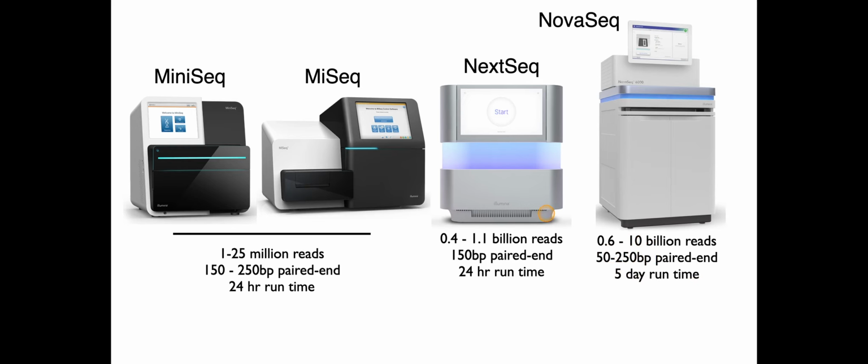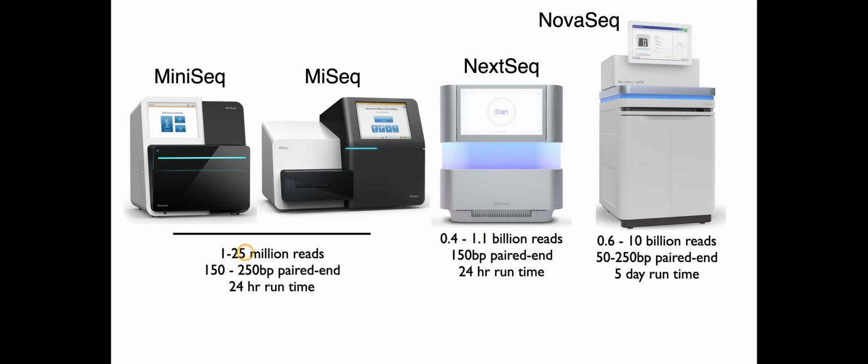The NextSeq, when it came out, really struck this great balance between low-end and high-end output sequencers, in that it had a range of output that was quite wide and large, generating up to 1.1 billion reads. This is enough to sequence the transcriptome of multiple mammalian samples.